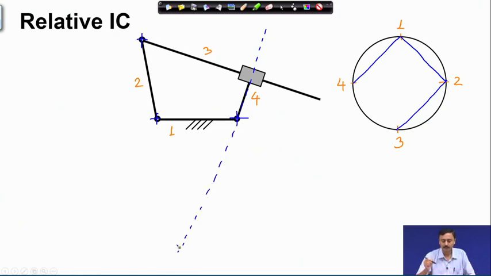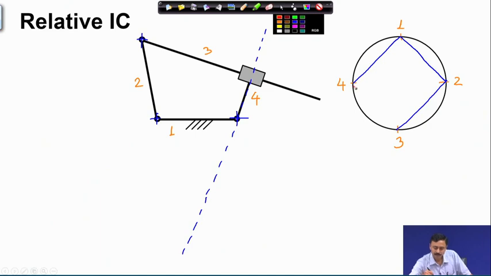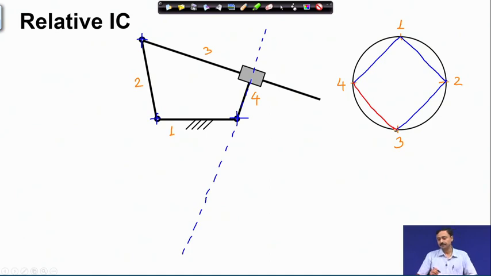I 3 4 must lie on this line at infinity, because this is a prismatic pair. So, this also I know, it is at infinity. I 3 4 is at infinity on this blue dashed line. Now, I ask this question whether I can find out I 1 3.